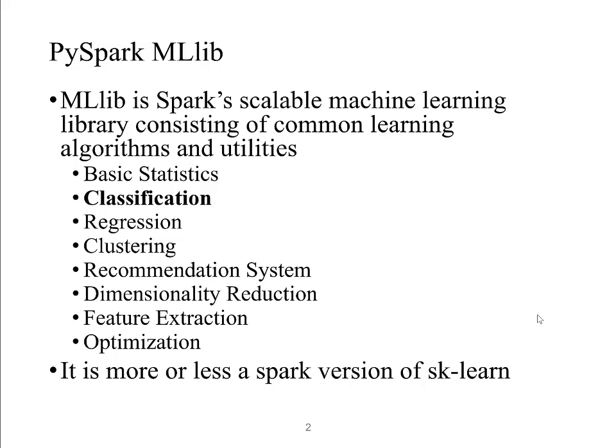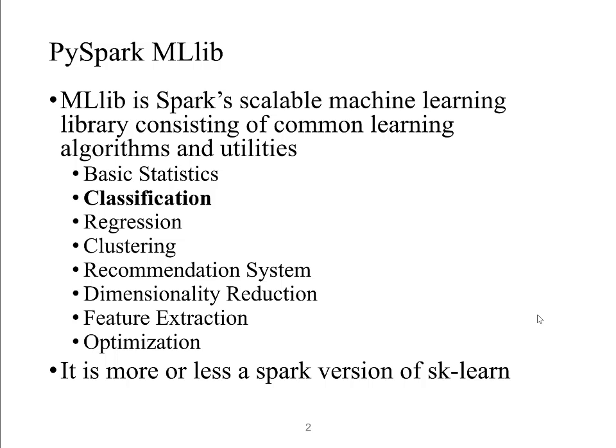Clustering is the task of grouping a set of objects so that the objects in the same group are more similar to each other, and objects in different groups are more likely to be dissimilar to each other. K-means, which we introduced last week, is a very commonly used clustering algorithm.